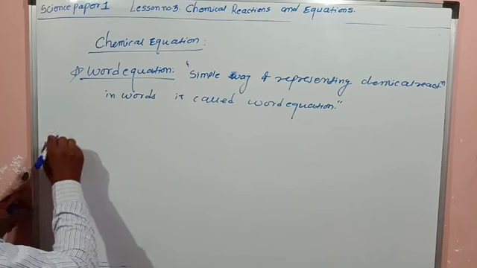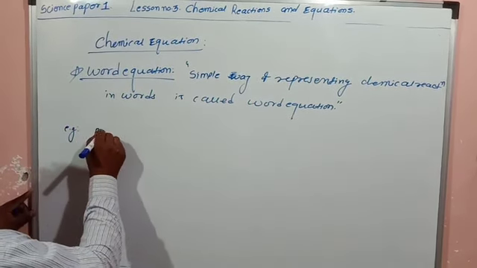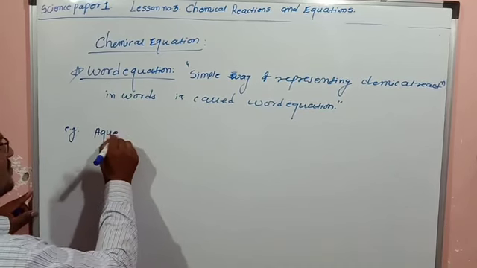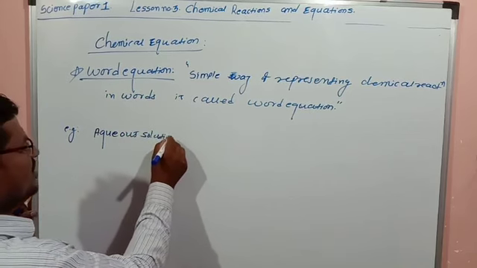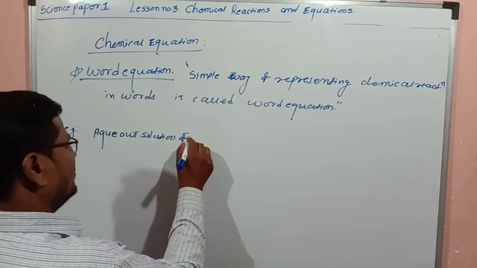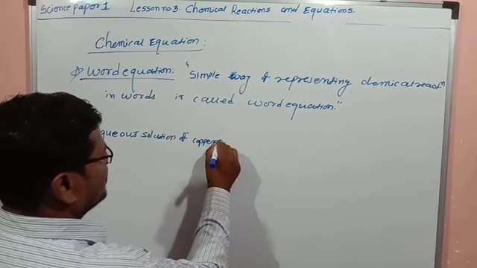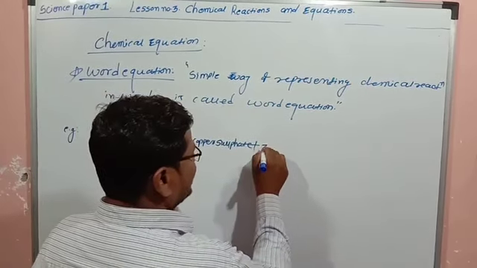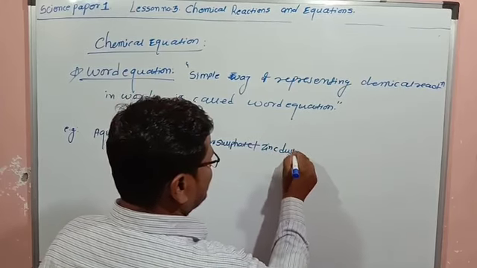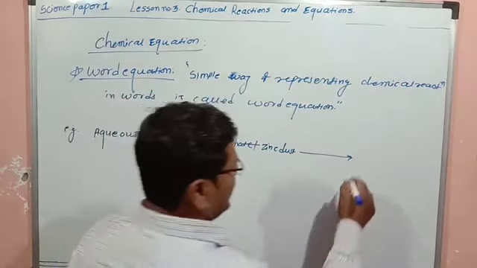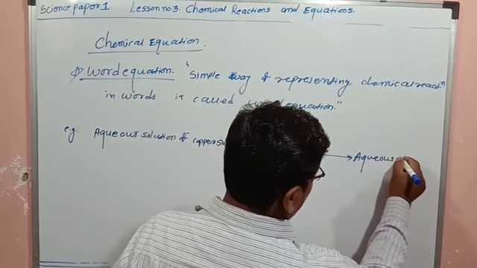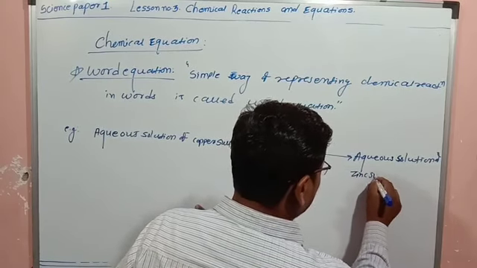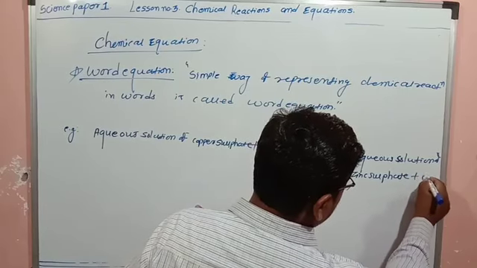For example, suppose the example is: aqueous solution of copper sulfate plus zinc dust, and it will give aqueous solution of zinc sulfate plus copper.